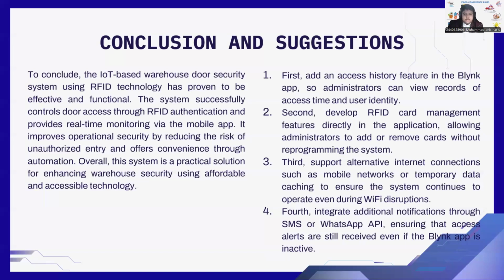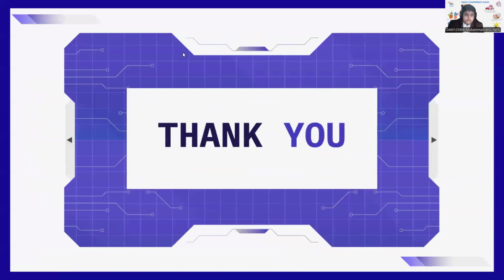Third, support alternative internet connections such as a mobile network or temporary data caching to ensure the system continues to operate even during Wi-Fi disruption. Fourth, integrate additional notifications through SMS or WhatsApp API, ensuring access alerts are still received even if the Blynk app is inactive.